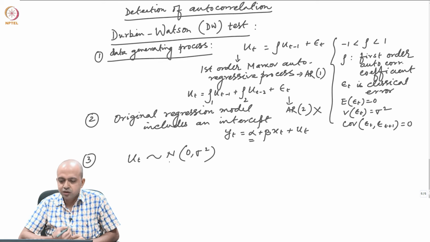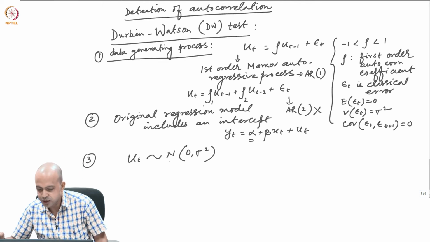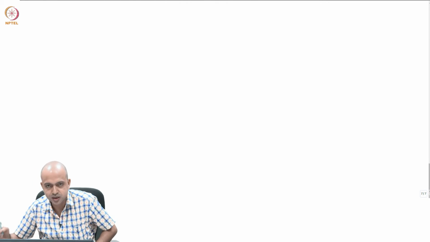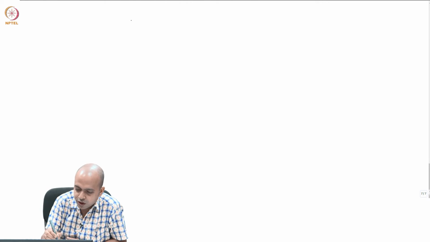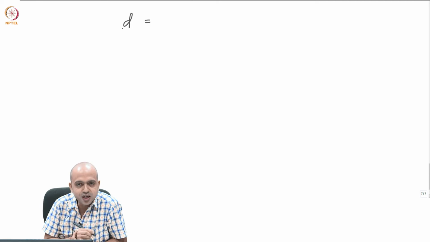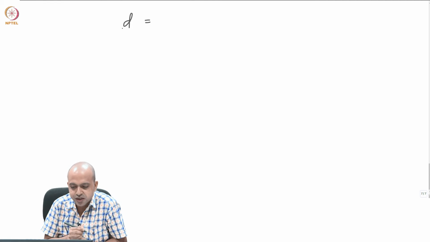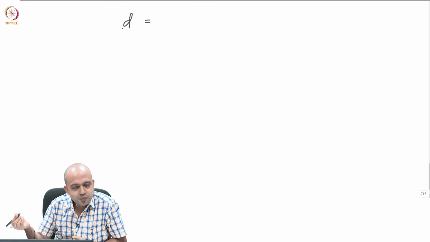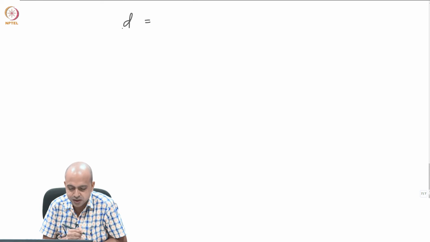So, these are the main assumptions that Durbin and Watson made, and based on these assumptions they defined a Durbin and Watson test statistic D. Okay. The small d is called the Durbin-Watson test statistic. Like t, chi-square and f, you have learned about several other test statistics. Another test statistic developed by Durbin and Watson is called the DW test statistic, which is used for detecting autocorrelation.